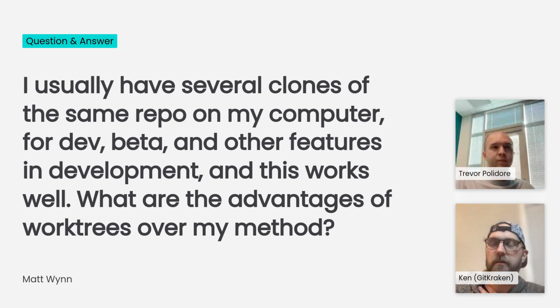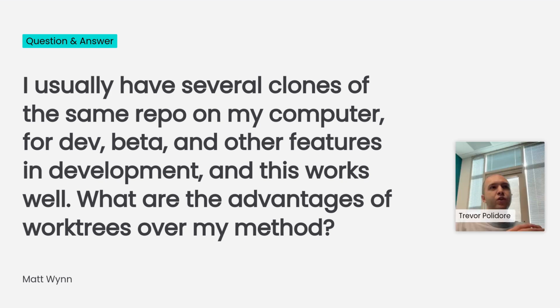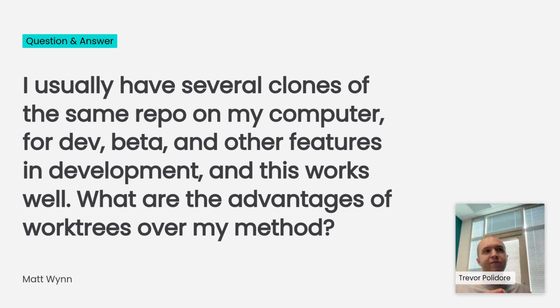Just another one about cloning versus work trees again. If you can run through the advantages of using work trees. It looks like you have a dev version, a beta version. It depends on whether they have the same configuration, and you'd have to think about whether it would be efficient if they all shared the same repository database.